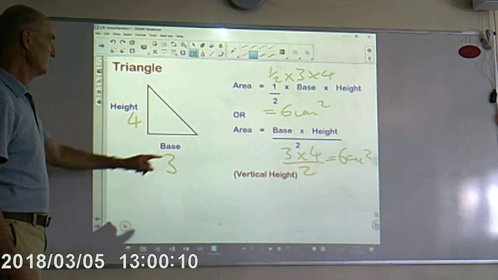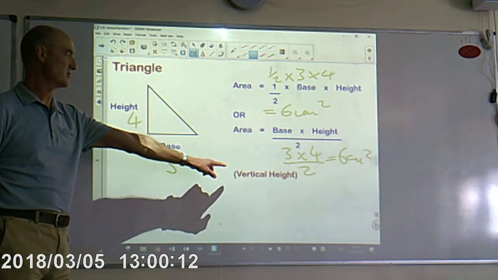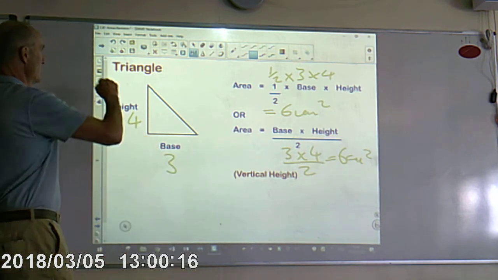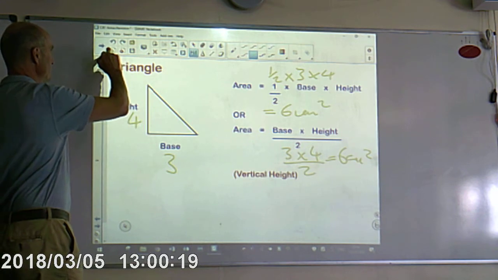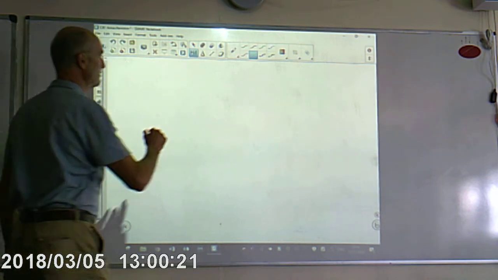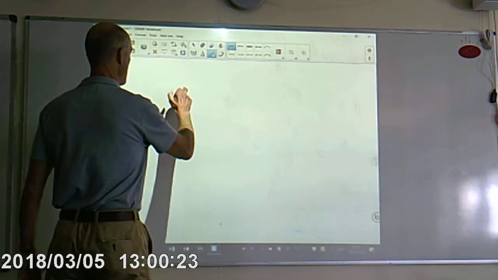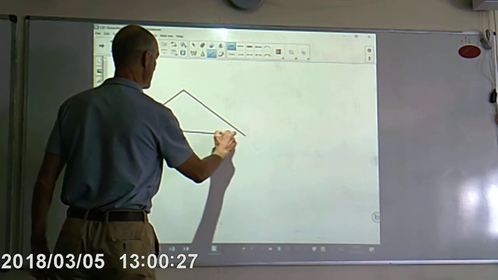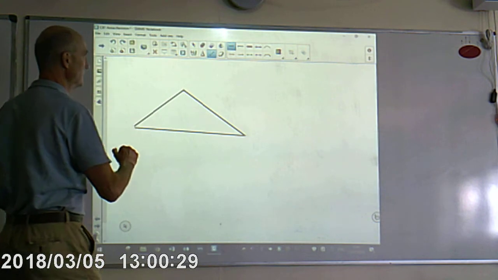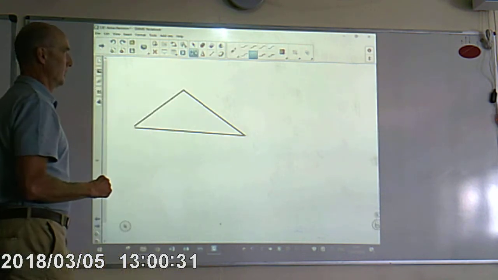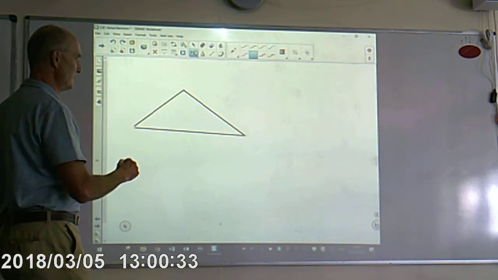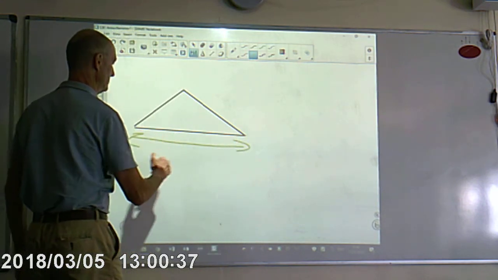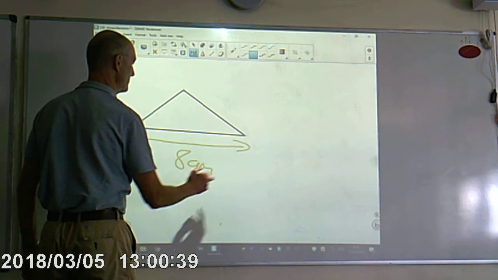It's very important we go back to this. It's the second time I've mentioned it. It's the vertical height. So if we get an example, we haven't got a right angled triangle. We've got to be thinking about, okay, well, there's a base, maybe that's 8 centimetres.